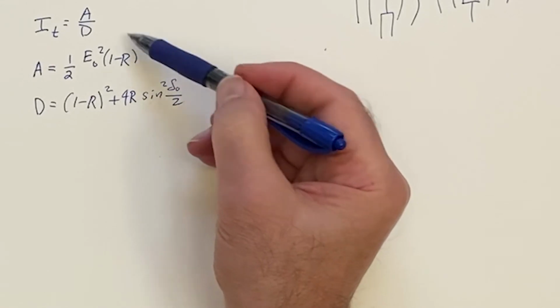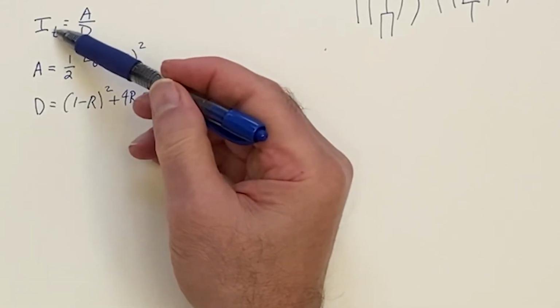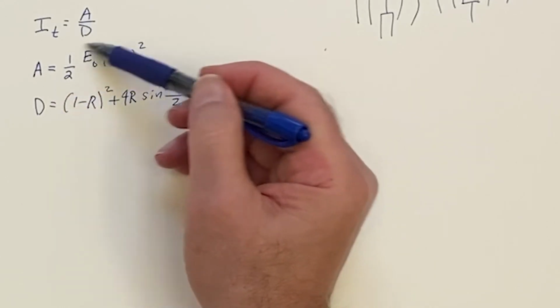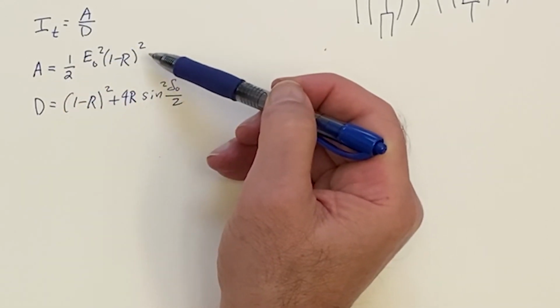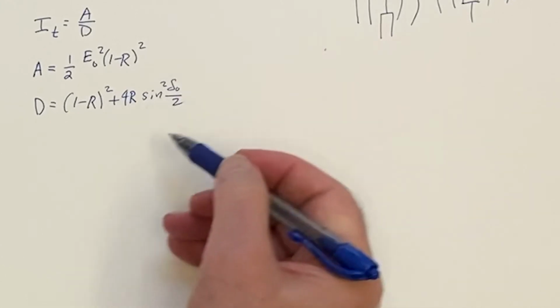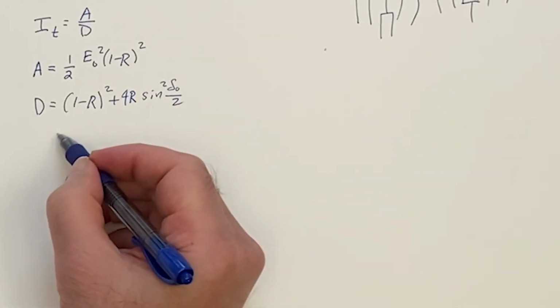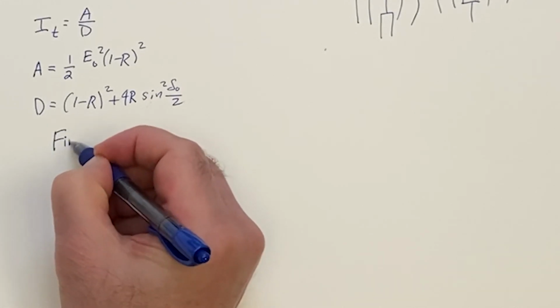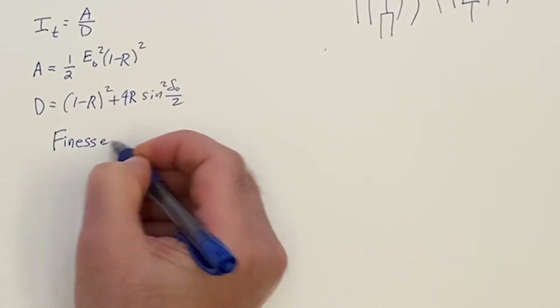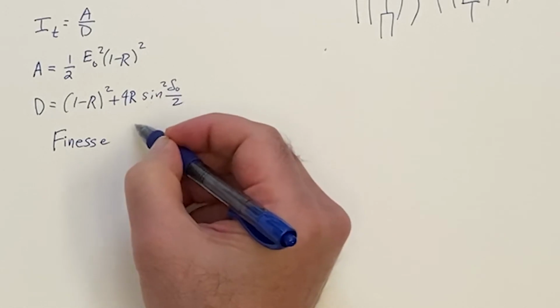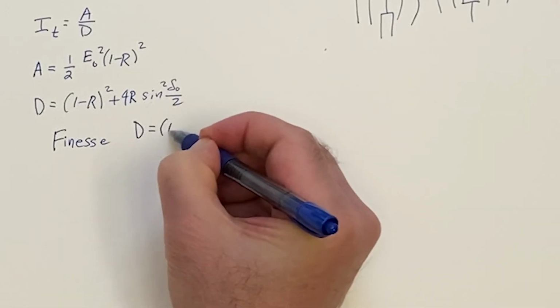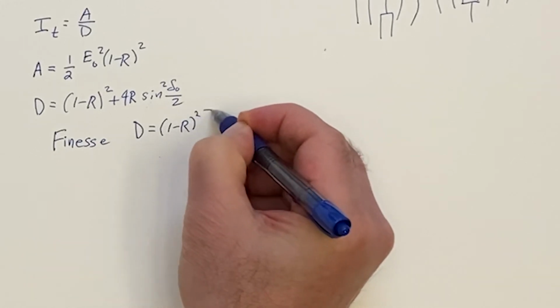Okay, here are the 3 equations we have looked at. We have looked at the irradiance of the transmission, and we have a numerator, and we have ourselves a denominator. Now for this denominator, I want to introduce the coefficient of finesse. The coefficient of finesse is defined in a way that we pull out the 1 minus R quantity squared.